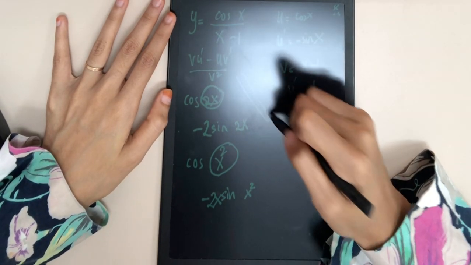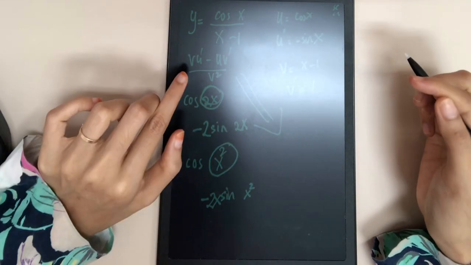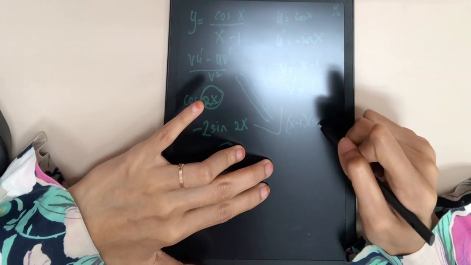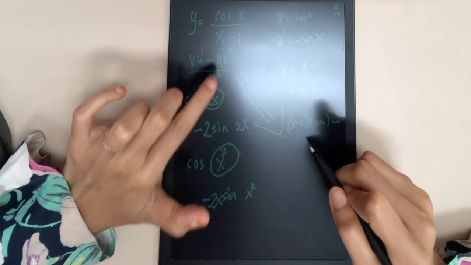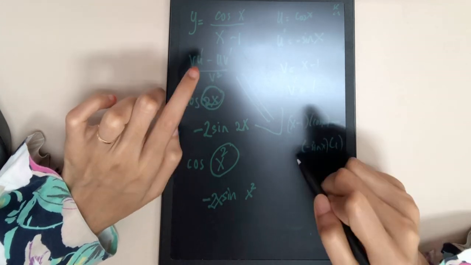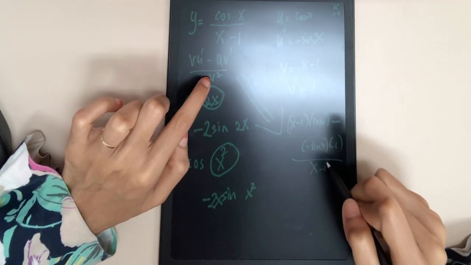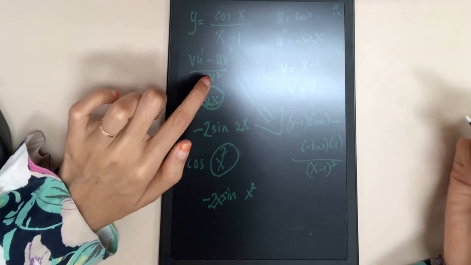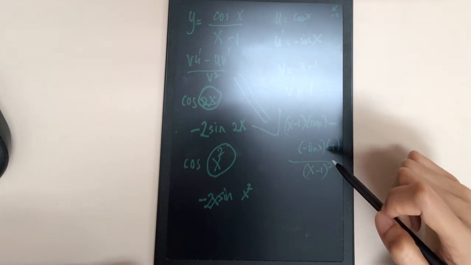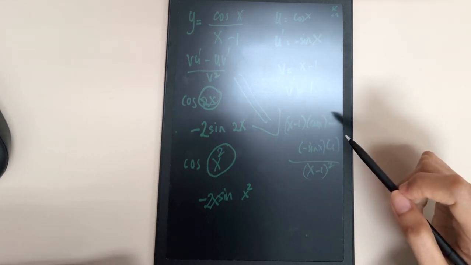Okay, I continue here. So what is your v? x minus 1. What is your u prime? Cos x. Minus, what is your u? Negative sin x. What is your v prime? 1, over your v square, so x minus 1 square. So you can simplify. Is this right? Wait.